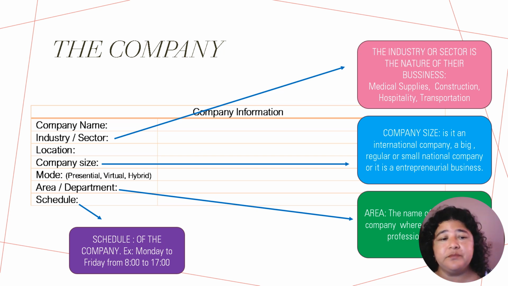And the area or department is basically the name of the department where the company places you for the work, how they name the department. And the schedule is the schedule, not your schedule, it's the schedule of the company too.